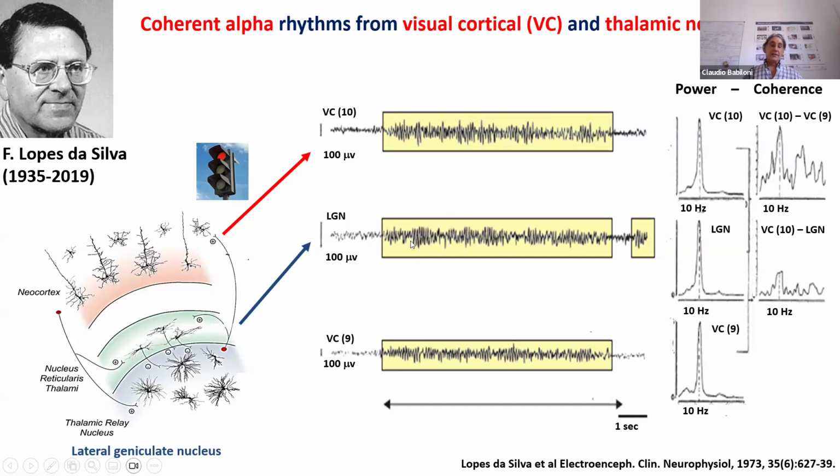And like the previous slide of Crunelli's work, you see that you have a very clear alpha oscillation even from lateral geniculate nucleus, the visual sensory thalamus.